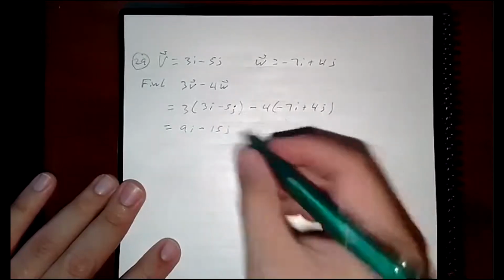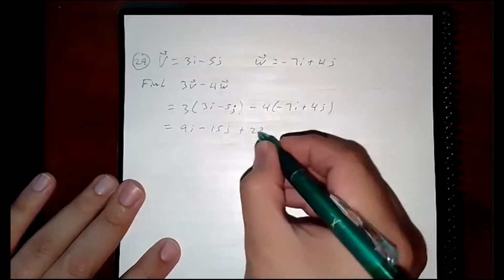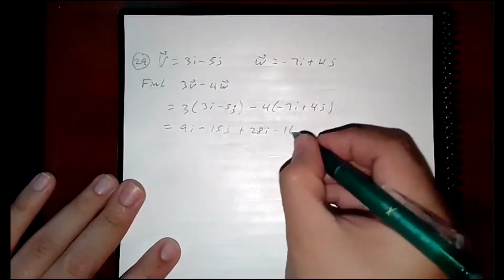And then distribute the negative 4, and that will be positive 28i minus 16j.